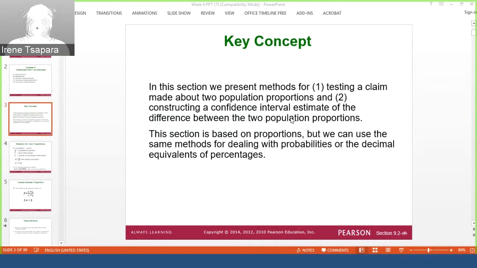So, other times we compare proportions. Other times we compare the means, the averages, or the standard deviations. No matter what type of measures we want to compare, the methods that we follow are the same. They are a little bit different than the hypothesis test that we learned last week, and we will identify the differences.